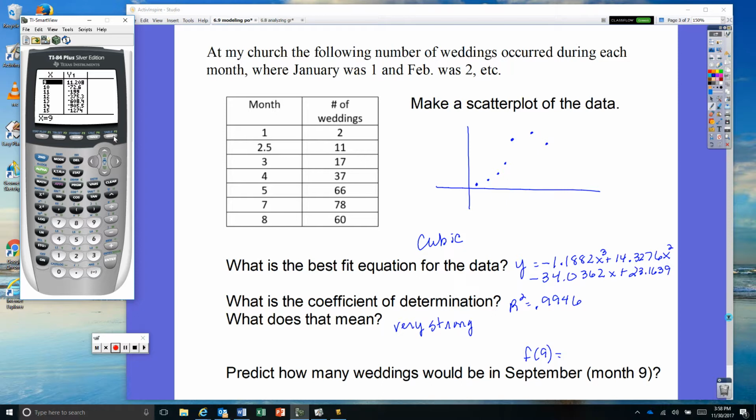There, that looks a little better. 11 weddings. Which would make sense. I should be coming back down.